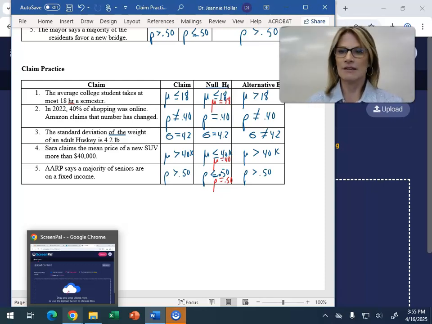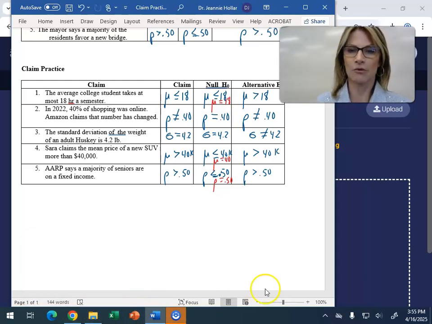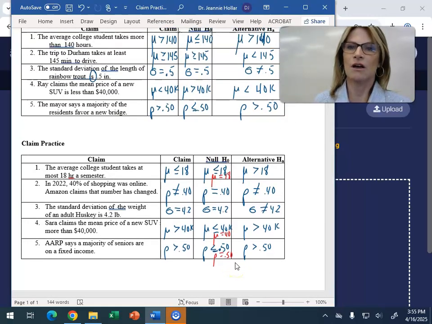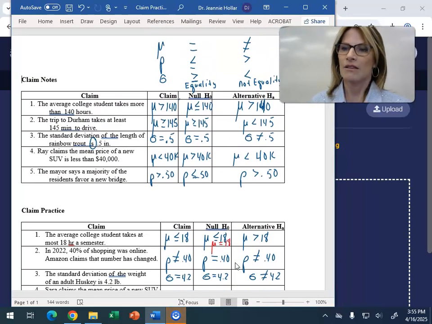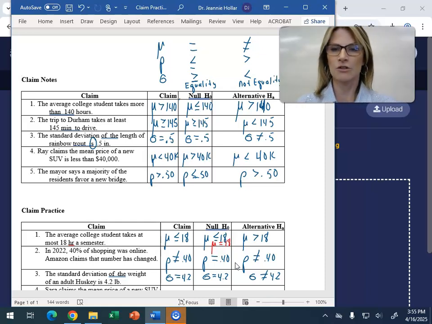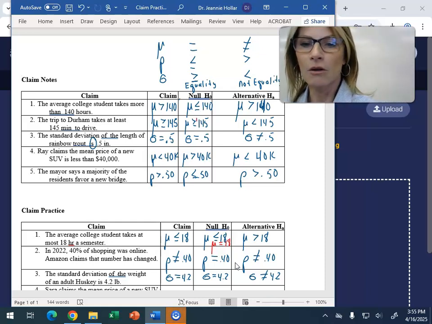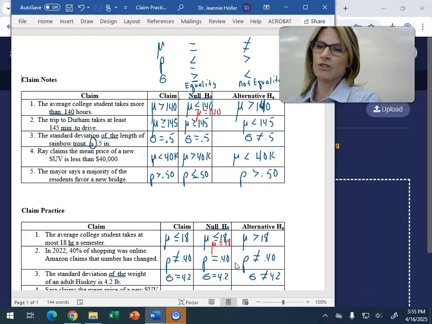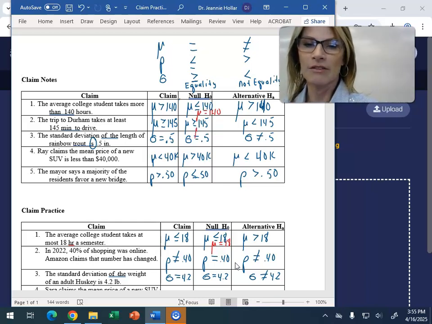It doesn't mean that the opposite of greater than 40 means equal to 40. Or up here at the top, the average college student takes more than $140,000, they would make their null equal to 100. Or the trip to Durham takes at least 145 minutes to drive. They would make their null equal to 145 minutes to drive.